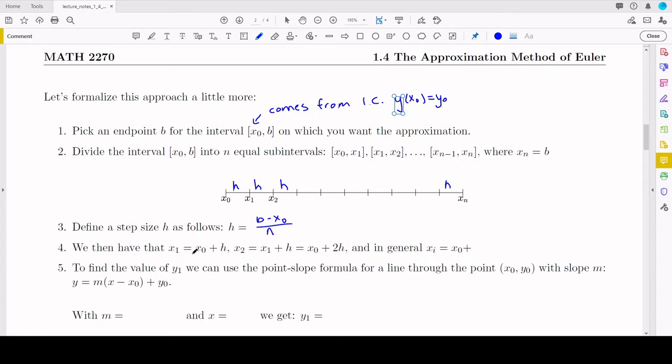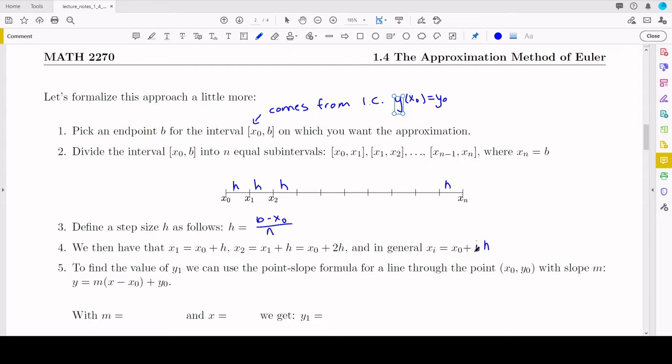So another way of thinking about where x1 is, we can think of x1 as x0 plus h. x2 is x1 plus h, or if we start at x0, it's x0 plus 2 times h. And in general, when we get to x sub i, that is equal to x0 plus i times h.